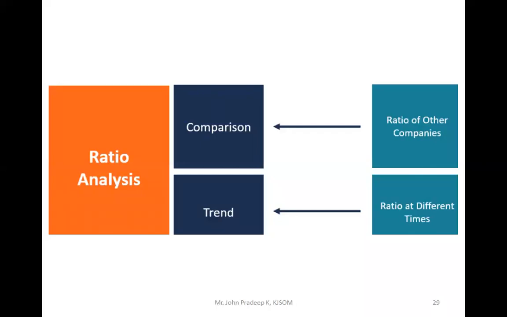What do you mean by trend? I can calculate the ratio at different times. I can calculate ratios for 5 years and see whether the trend is moving upward or going downward. So I can find out the trends by calculating the ratios.